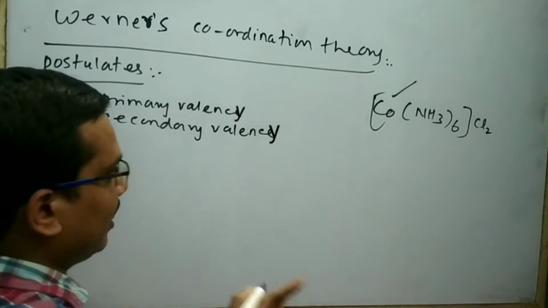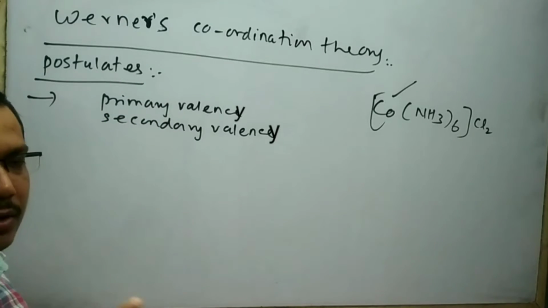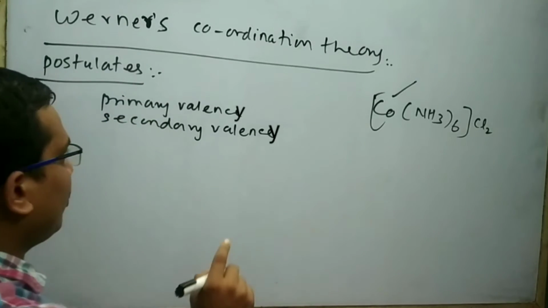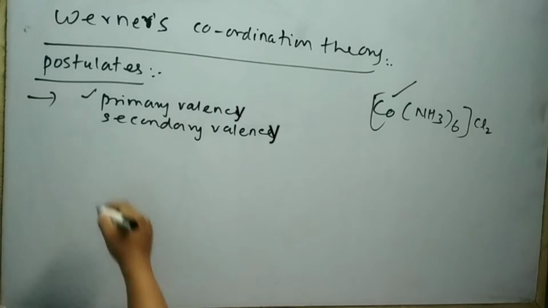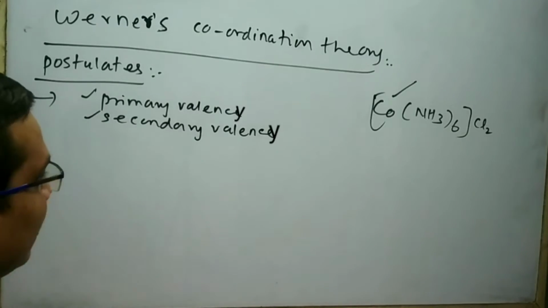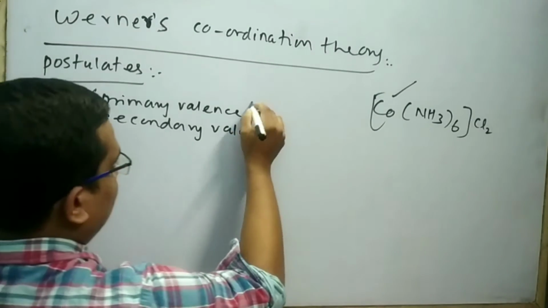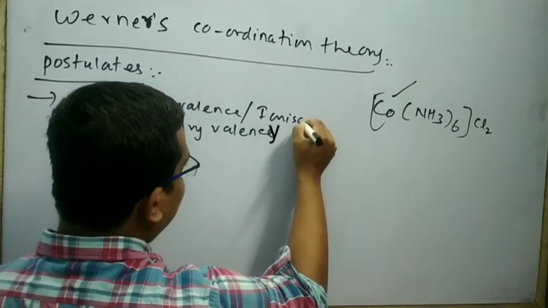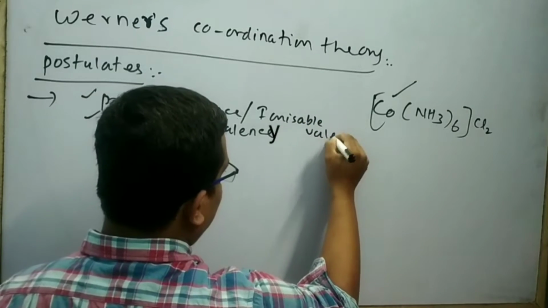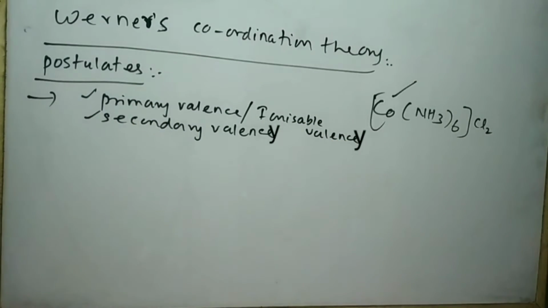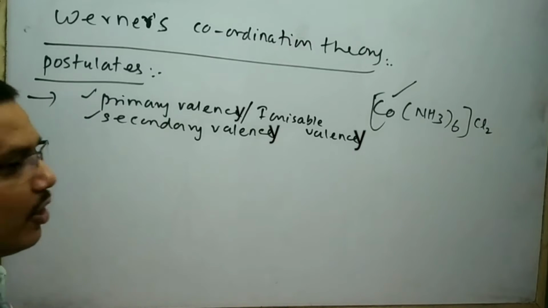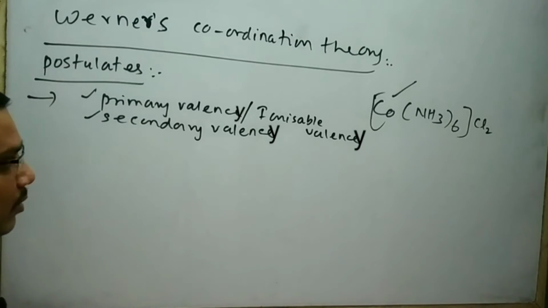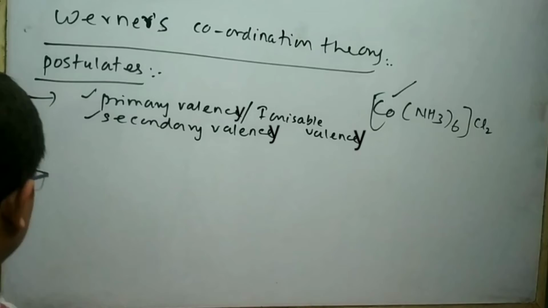Every central metal atom in a coordination compound exhibits these two types of valency. Primary valency is also called ionizable valency. Primary valency corresponds to the oxidation state, while secondary valency corresponds to the coordination number.